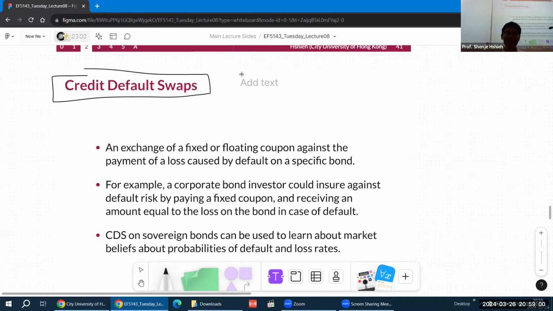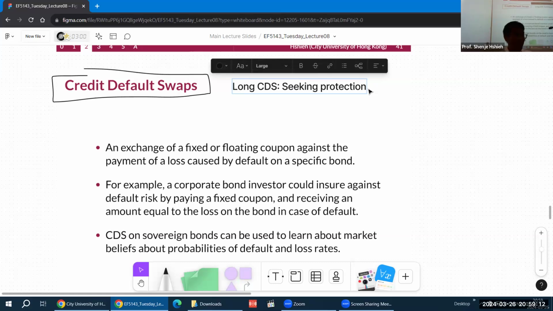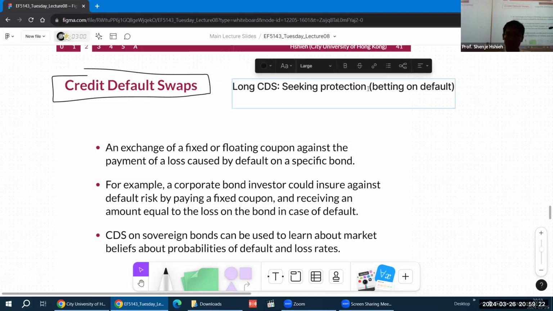This is not important for this class, but just to give you a review again. Credit default swap, the long leg, you are seeking protection. You're betting that there is going to be a problem with someone servicing the debt, and you want to buy insurance essentially. So you're betting on default. Short CDS means that you're seeking the premium.